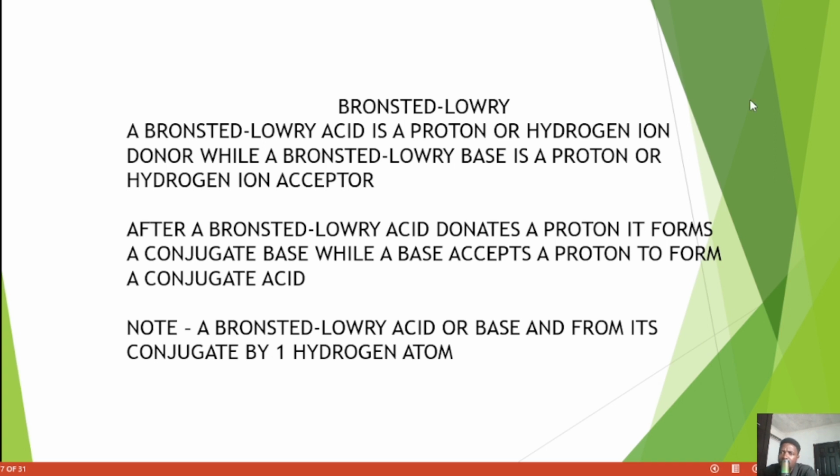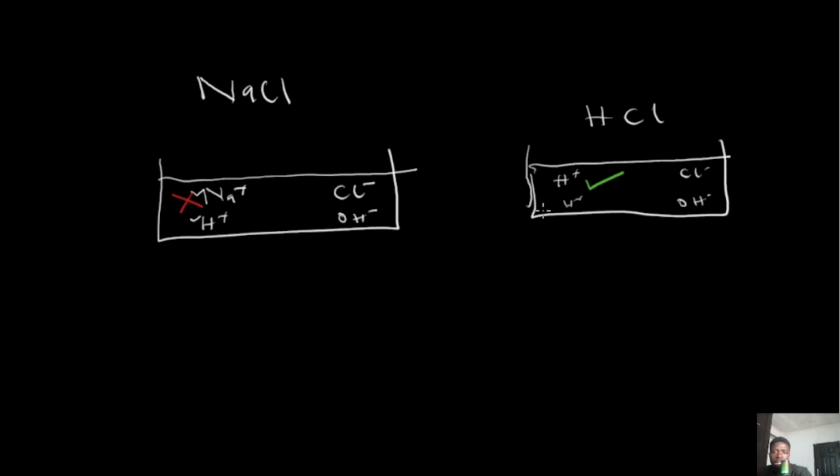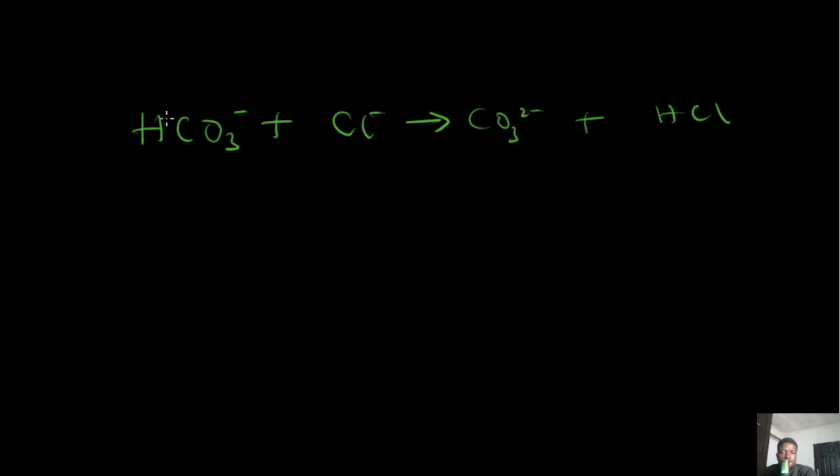So let's look at some reactions to help us understand this. If you have a reaction, let's say, between your bicarbonate ion and, let's say, your chloride ion. Now, in this reaction, if you have the products to be CO3 2 minus plus HCl, notice something.